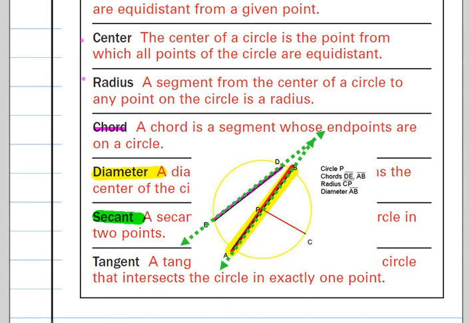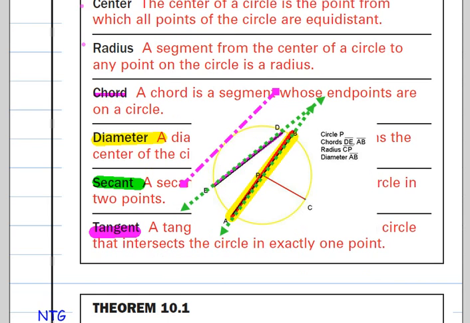We don't have one on this picture, but to draw an example, it looks something like this. I want to use a different line color because I don't want you to think it's the same type. So here the tangent line does not go through the circle. It touches the circle in one spot, and that's why we call this a tangent line.